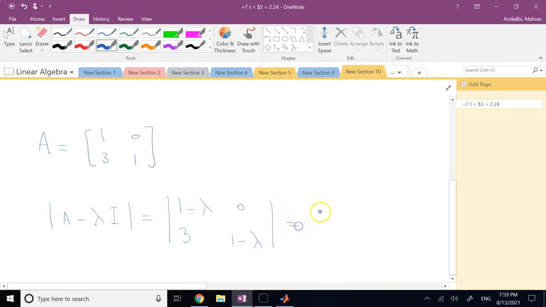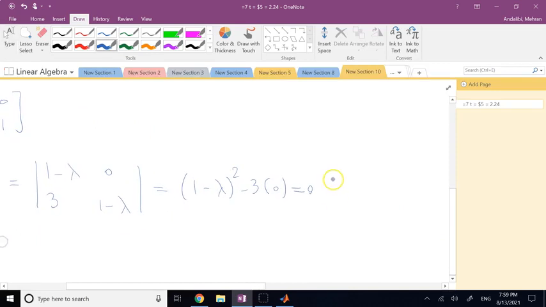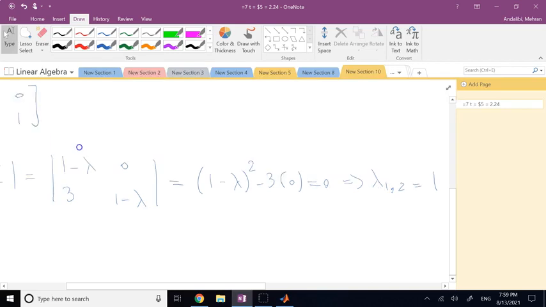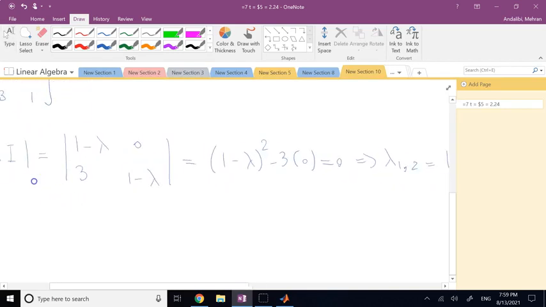You set that equal to 0, it means (1 minus lambda) squared minus 3 times 0 equals 0. And so both of the solutions are going to be 1. Lambda 1 and 2, they are both equal to 1. There is only really one lambda. Repeating case.